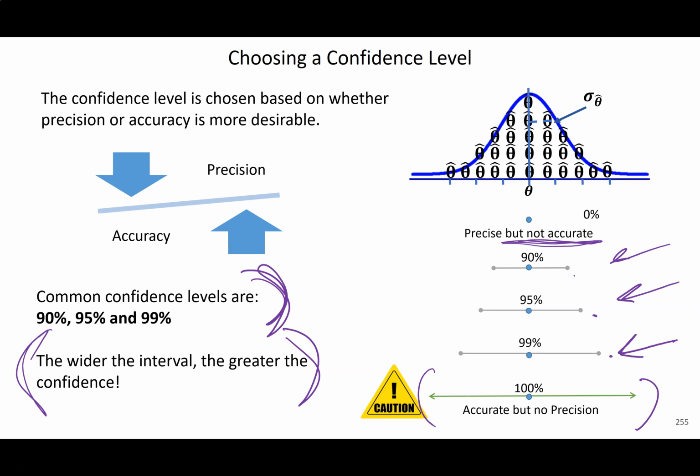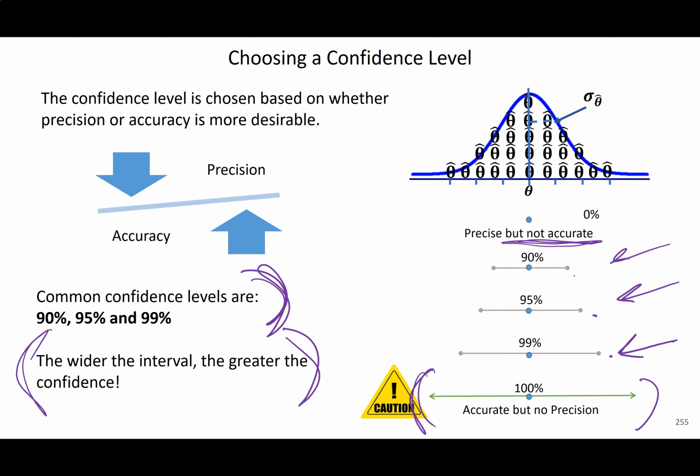For instance, if somebody asked me, hey, Kelsey, what was the average quiz 1 score out of 75? And I said, well, the average with 100% confidence was between 0 and 80 points. It would be kind of like, well, duh, thank you for not being useful at all. It's such a wide interval, it's not useful.